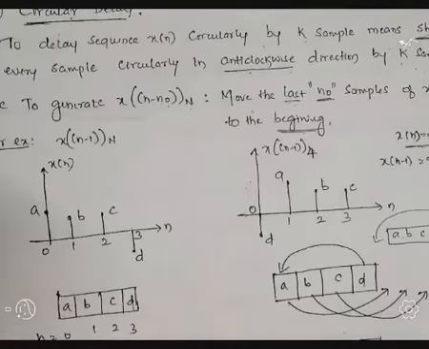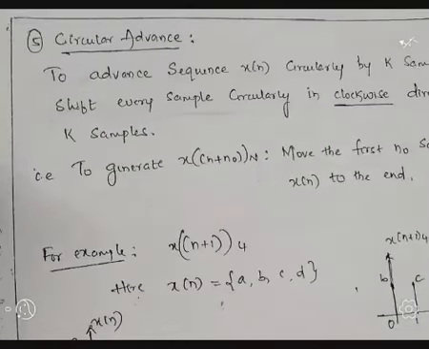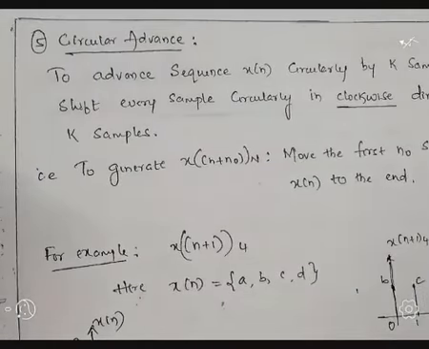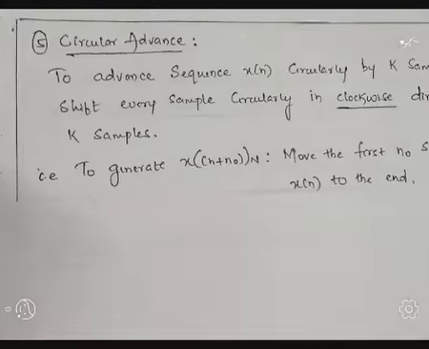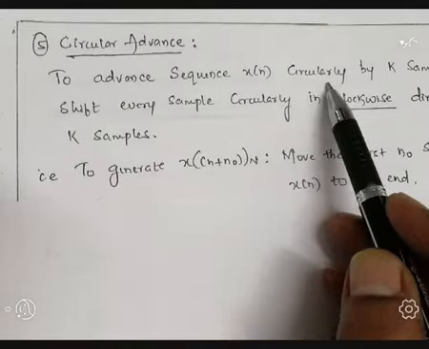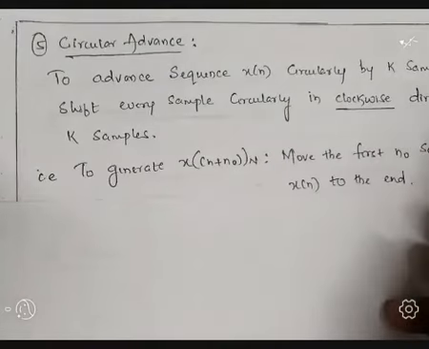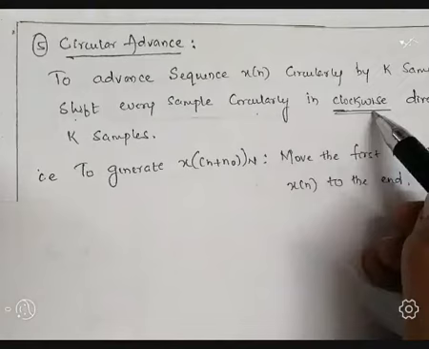Okay, next we will take circular advance. In that case, we discussed delay. Here we are taking advance. To advance a sequence x of n circularly by k samples means shift every sample circularly in clockwise direction.